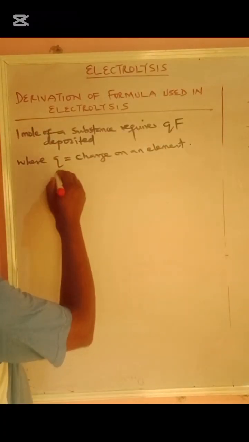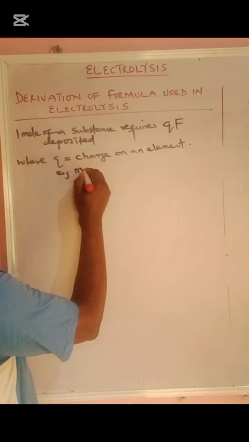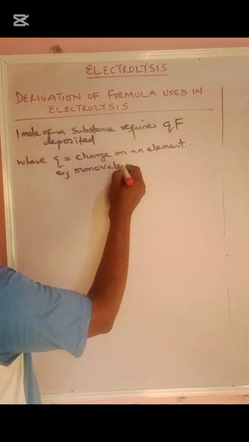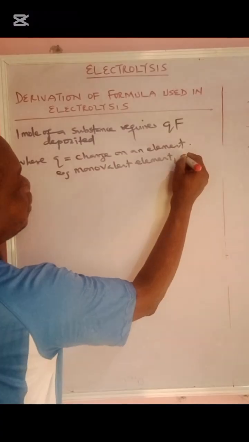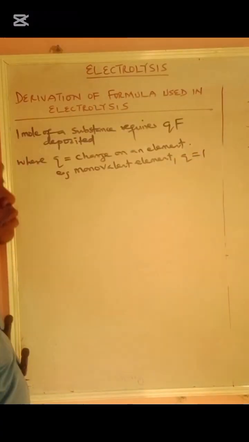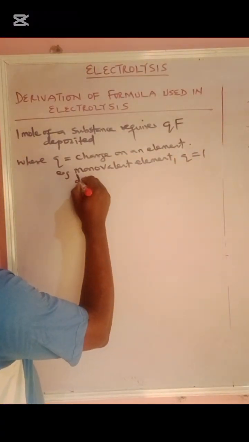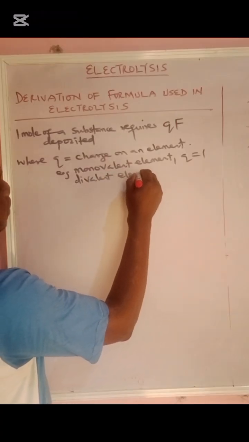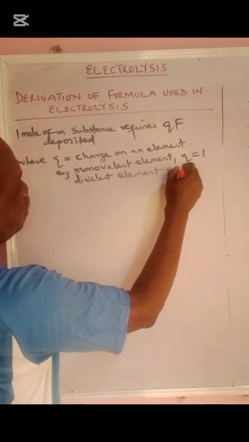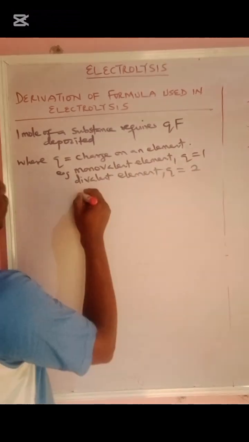an element or metal, e.g. monovalent elements. For monovalent element, Q will be 1. For divalent element, Q will be 2.